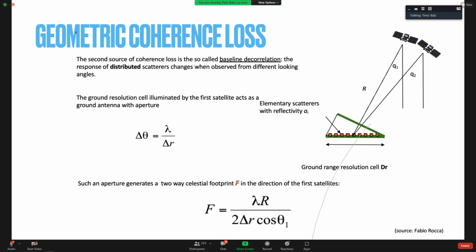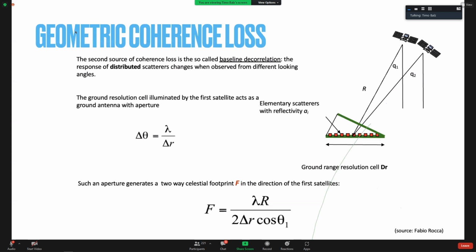And especially when we have distributed scatterers, so many scatterers in one resolution cell, we are looking at them from a slightly different angle. We may see different aspects of them. That's one part of it.